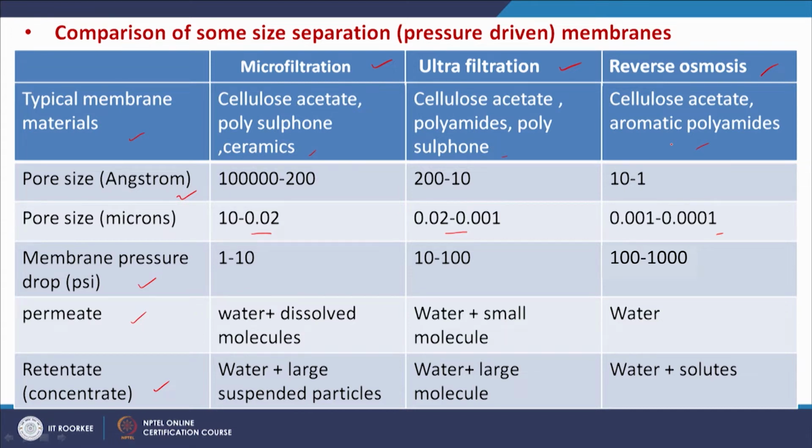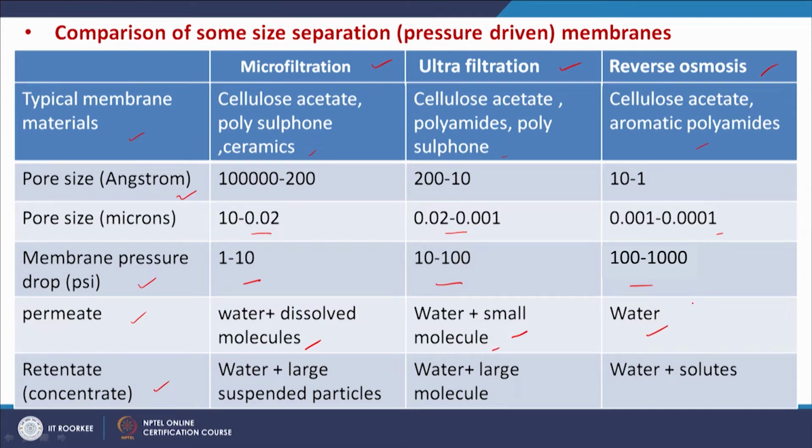Certainly, it will require different pressure, that is, membrane pressure drop in PSI: 1 to 10 here, 10 to 100 here, and 100 to 1000. The permeate in microfiltration may be water and dissolved molecules, in ultrafiltration water plus small molecules, and in reverse osmosis only water.